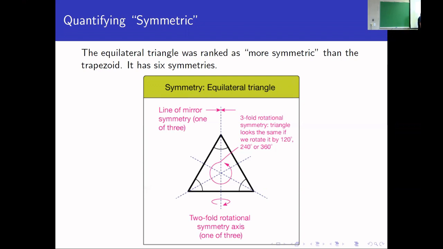And any of the lines bisecting the angles will give you a line of symmetry. So you can reflect about this vertical line, you can reflect about either of those, and you have a symmetry of the equilateral triangle. So that has 6 symmetries, which is why I would rank it as more symmetric.